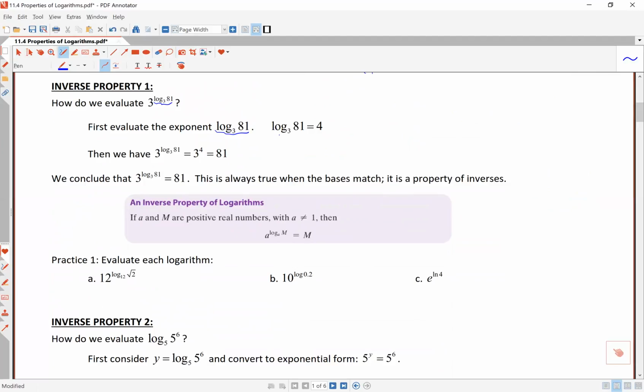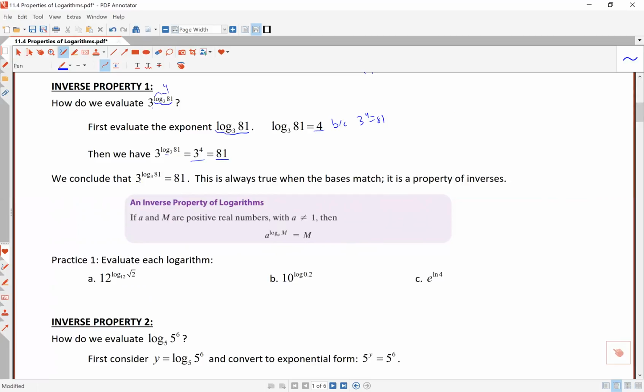And log base 3 of 81 is 4 because 3 to the 4th is 81. So then we would have 3 raised to the 4th power equals 81. And so we conclude that 3 raised to the log base 3 of 81 is 81.